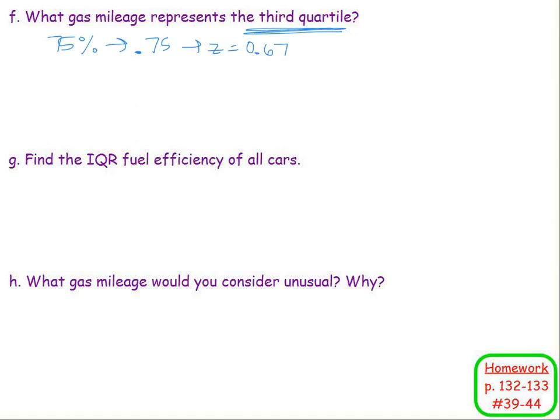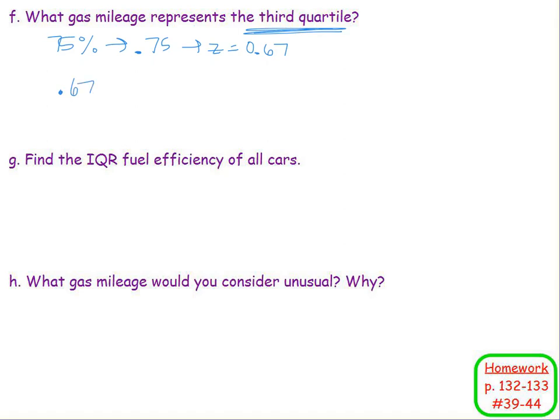We all like tricks. Third quartile, if you want to save yourself this looking up process, no matter what the problem, because third quartile is always 75%, it will always be a z-score of 0.67. Always. Never changing. So if that helps you and you want to memorize third quartile is 0.67, I'm okay with that. But now we got to turn this z-score into an x value.